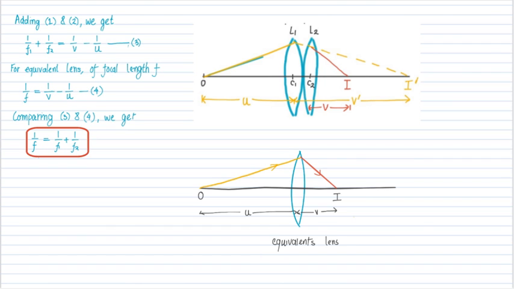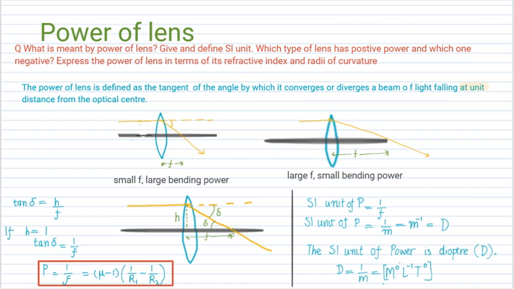Now, in our previous class, we discussed the power of a lens. Power of a lens is given by the inverse of focal length, P equals 1 by f.